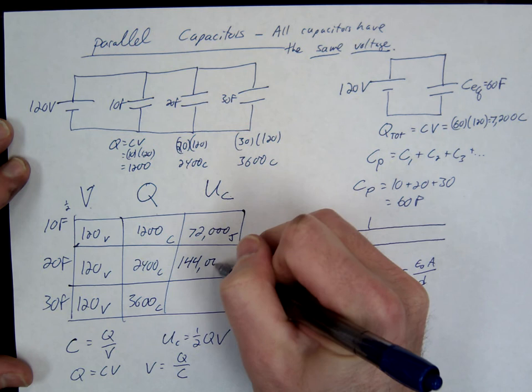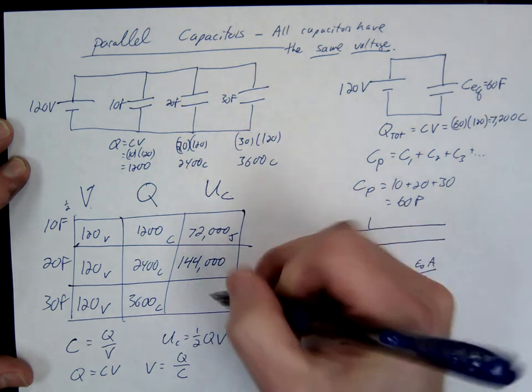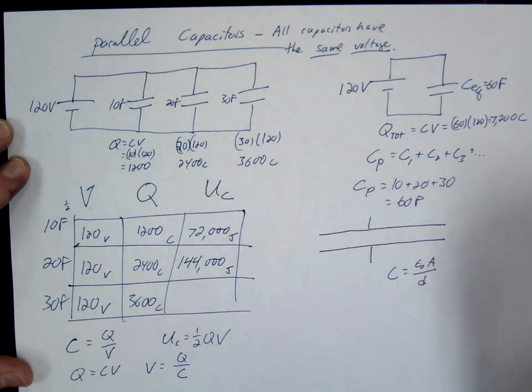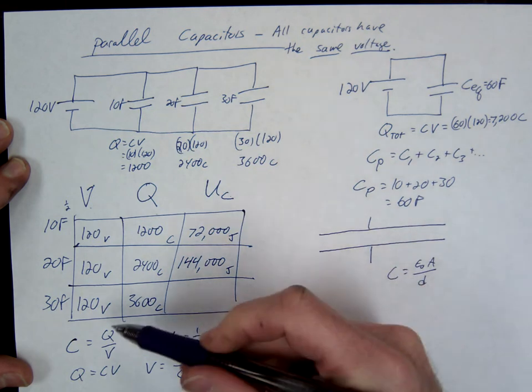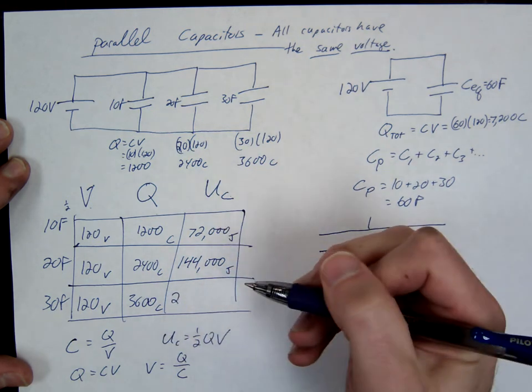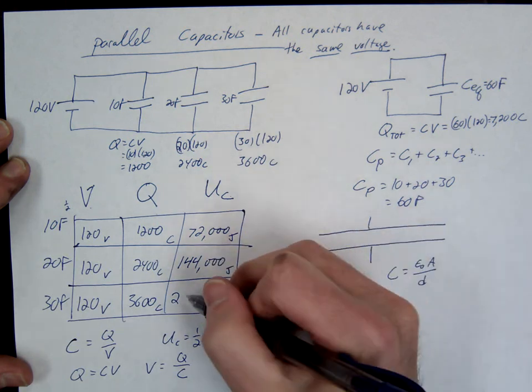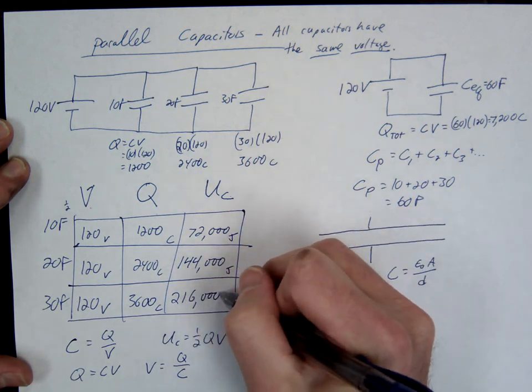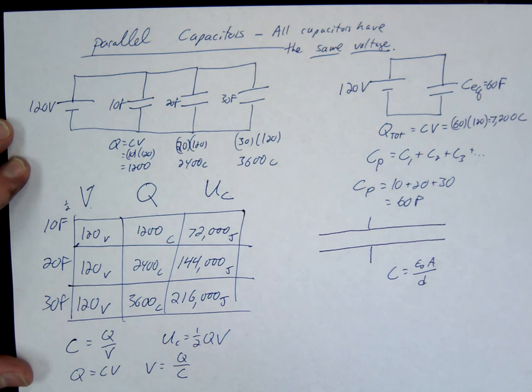Then 144,000. What's this one? 216,000? Okay, and then we're done. We solved it.